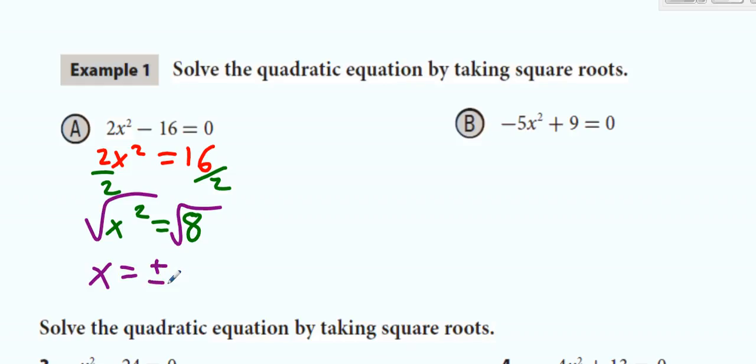And square root of 8 doesn't work out perfectly. So if you remember doing these little factor tree things, 8 is 2 times 4, 4 is 2 times 2, and then you're looking for pairs to take them out.